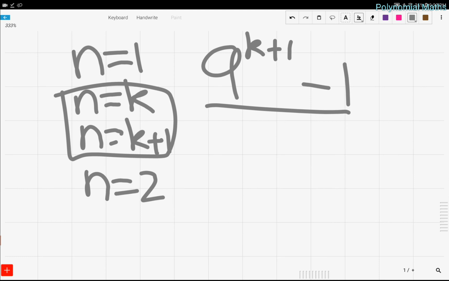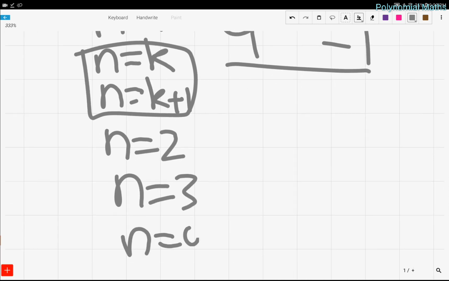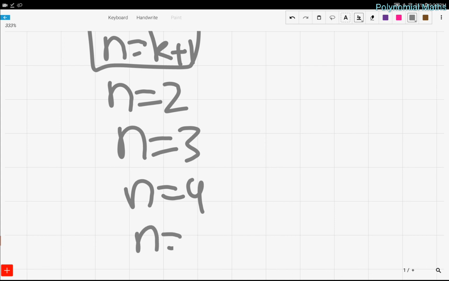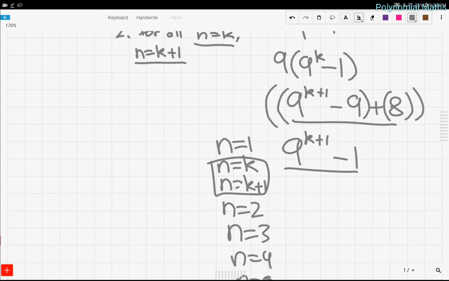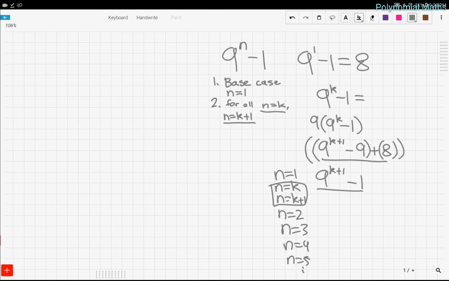And from there, since that's n = k, n = 2 + 1, which is n = 3, must also work. And n = 4 must also work by the same logic, n = 5, and so on. So we can continue that forever. And by doing this essentially proves that it works.